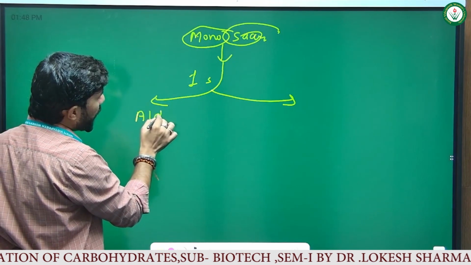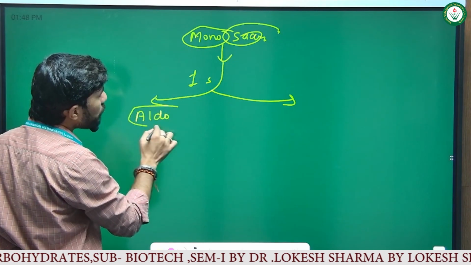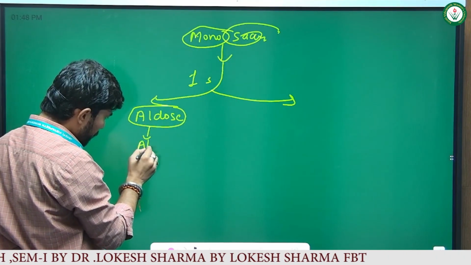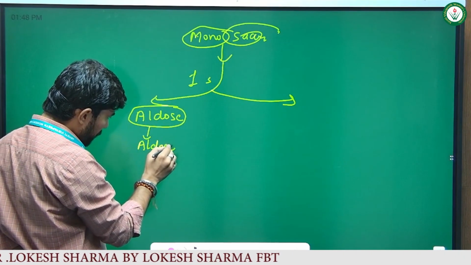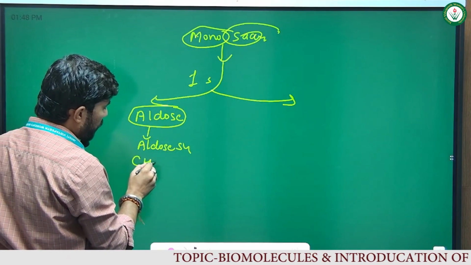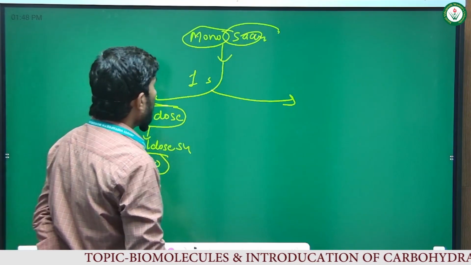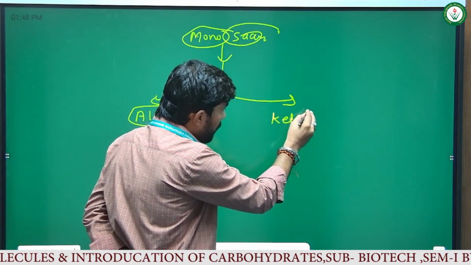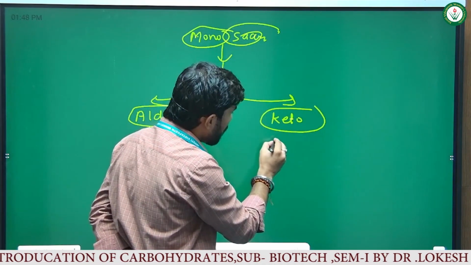Aldose. When a sugar contains an aldose group, it is an aldose sugar, or the aldose group is known as the CHO group. Second is keto. It means ketose sugar, or the keto group.